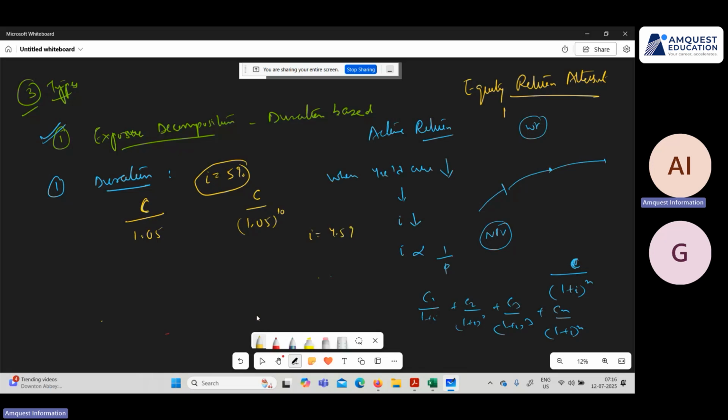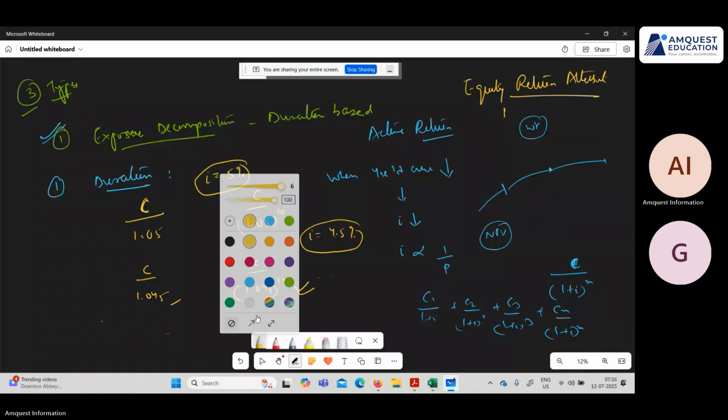And then the interest rate became 4.5. This becomes C upon 1.045, and this becomes C upon 1.045 to the power 10. Don't you think that it has much more impact than this? Yes or no? Yeah, it does.